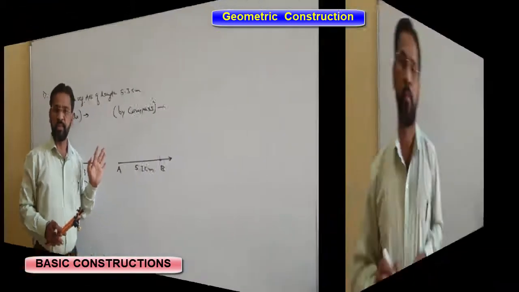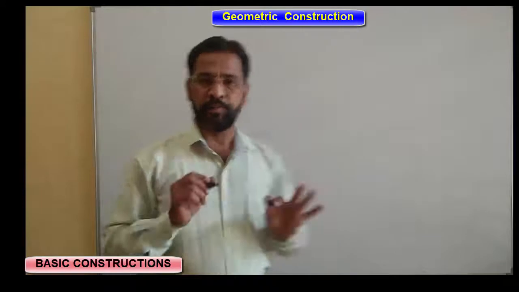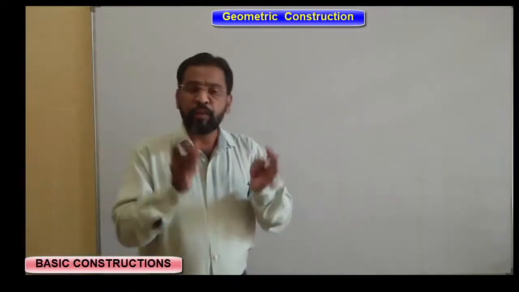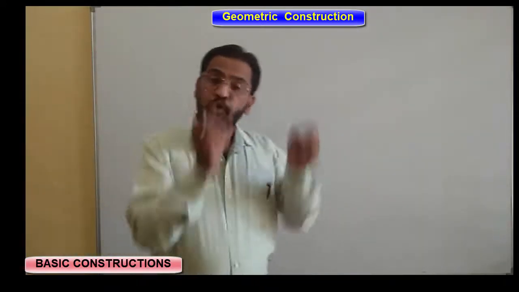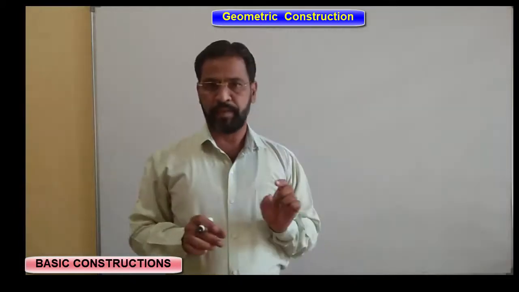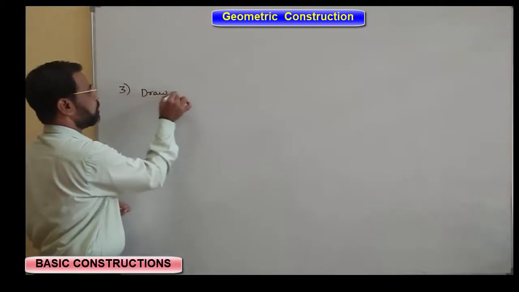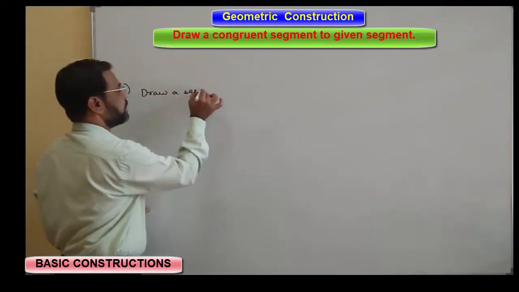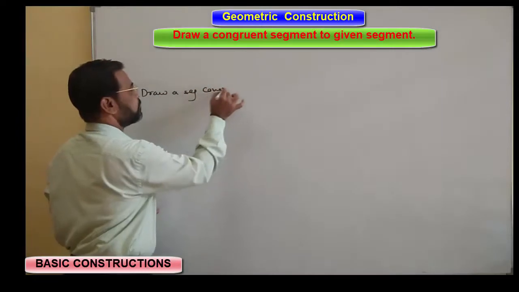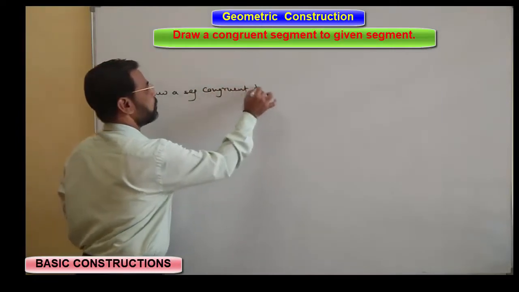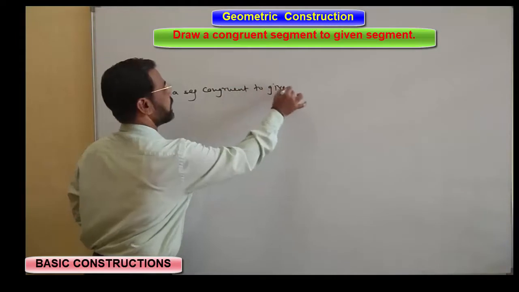Okay friends? Friends, the third one is again very simple. We are going to draw one congruent segment to the given segment. See how? See here, the third one. Draw a segment congruent to given segment.